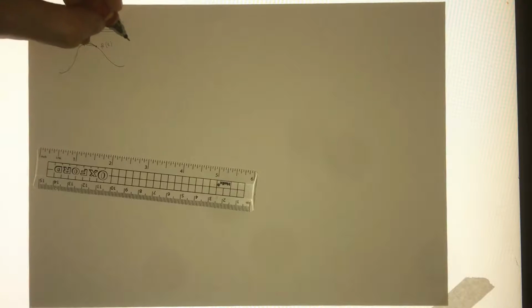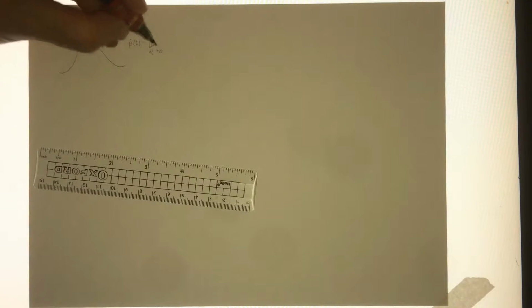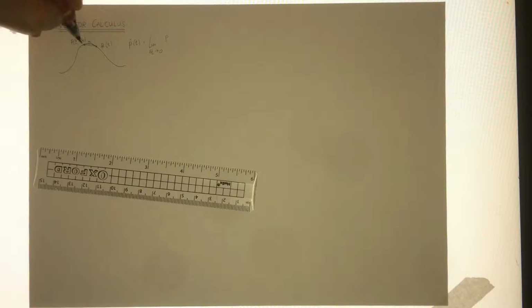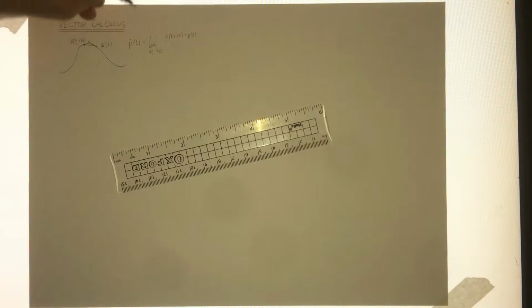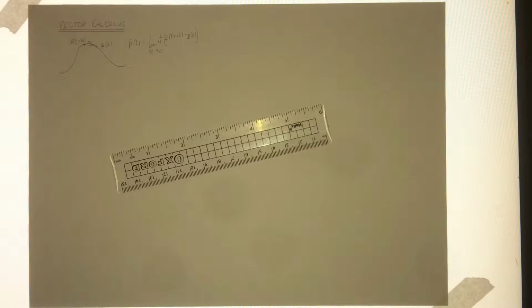And then we say that P at t differentiated is the limit as delta t shrinks to 0 of this vector, so from there to there, which is P(t plus delta t) minus P(t) over, maybe as these are vectors, I should be careful to write 1 over delta t. I was going to just write over like that, but I think that looks a bit nicer.